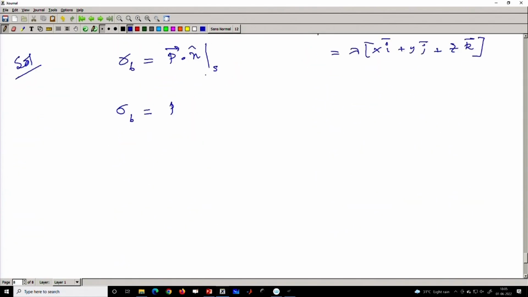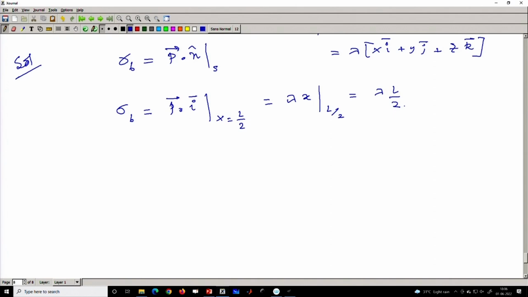So, P dot i calculated at x equal to L by 2 is simply lambda x, at x equal to L by 2. So, it is simply lambda L by 2. This is the surface.